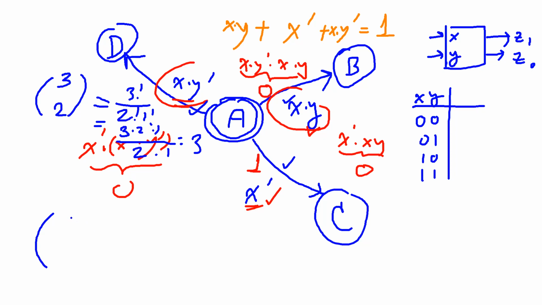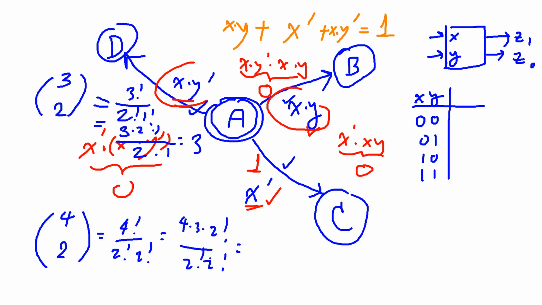If there are 4 arcs, when you select 2 of them, the result will be 4 factorial over 2 factorial times 2 factorial, which is 4 times 3 over 2, so it's 6. So if the state has a lot of arcs, you must check many pairs, and each must be 0.